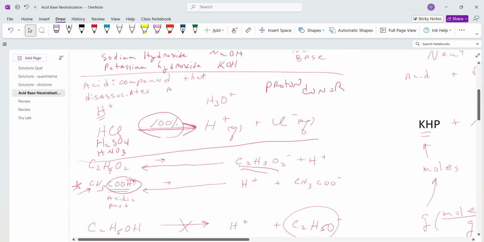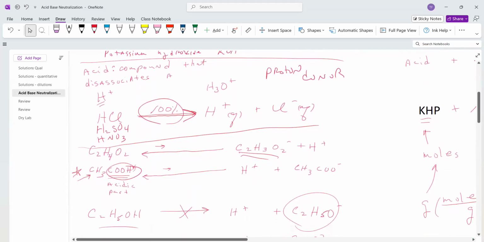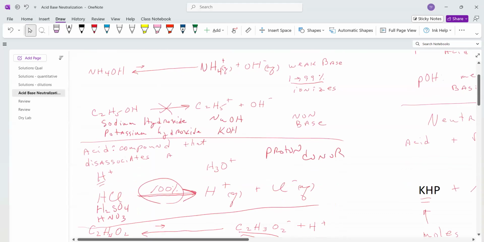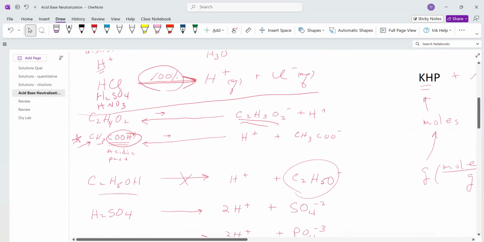Okay, so a strong acid, 100% disassociates. Same with a strong base, 100% goes over. A weak acid, a part of it disassociates. Now, with a strong acid, like hydrochloric acid, there is no HCl.